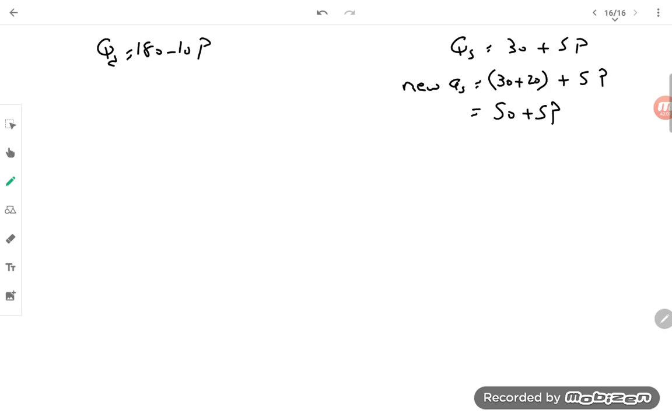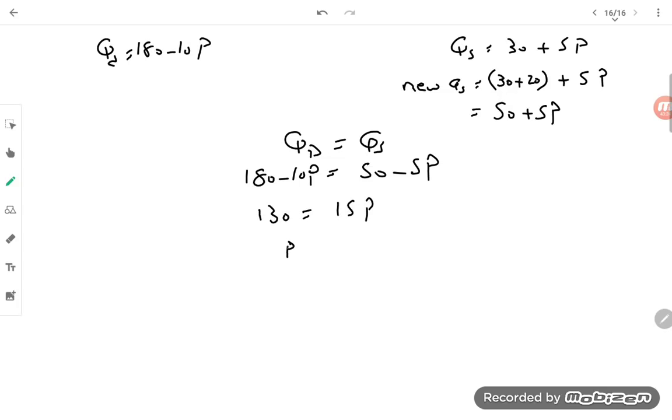Now we have to find the equilibrium price and the quantity. Equilibrium will be achieved when QD equals QS. So it will be 180 minus 10p equals 50 plus 5p. So it's 130 equals 15p. So p will be 8.67.